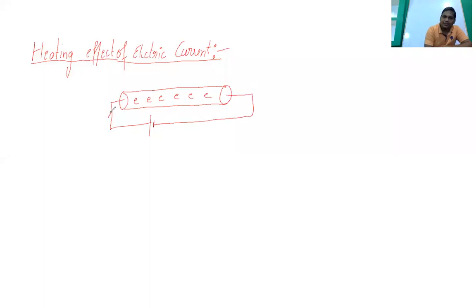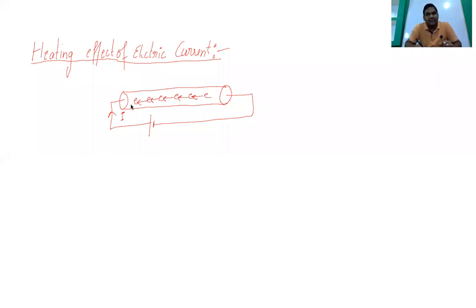So current will move from higher to lower potential, and these electrons are going to move in the opposite direction. When these electrons try to move, there will be collisions of electrons, and due to the collisions, heat will be produced.